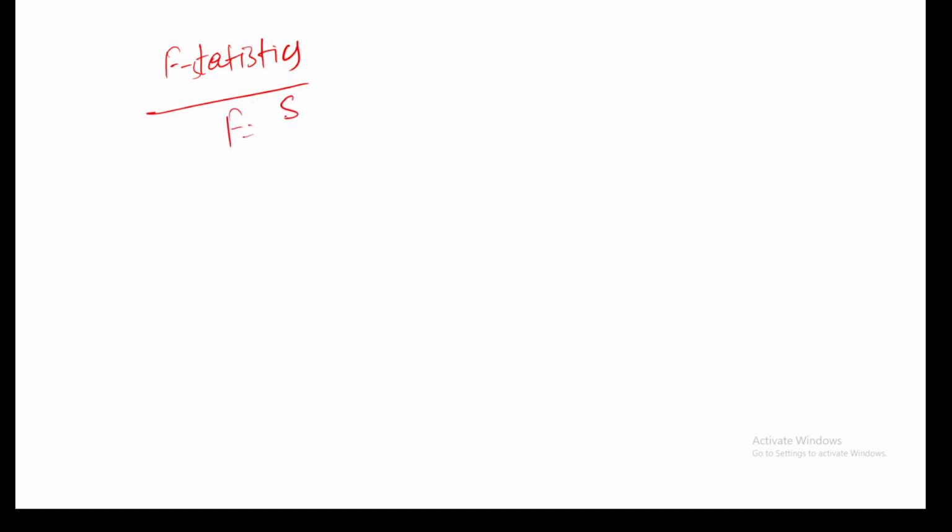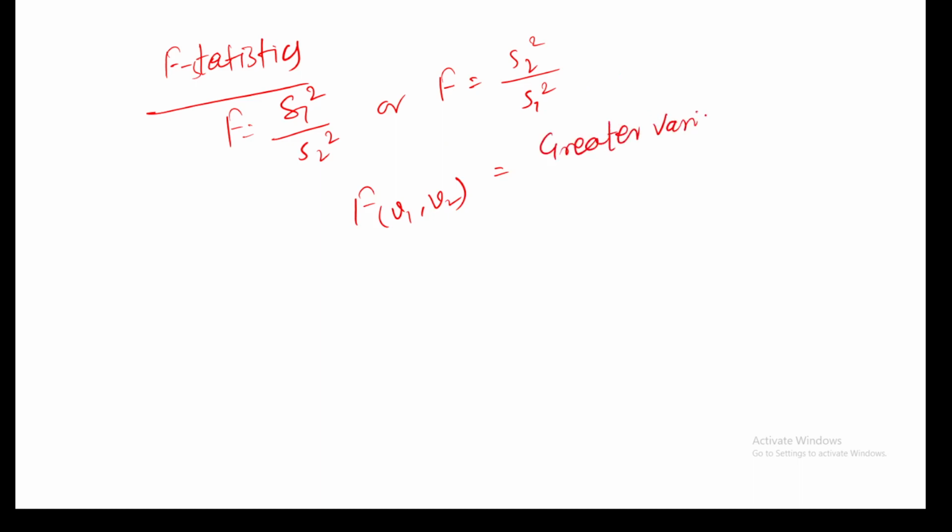F will be S1 square upon S2 square, or F will be S2 square upon S1 square, meaning whichever is the greater variance, with degree of freedom 1 and degree of freedom 2: greater variance upon smaller variance.